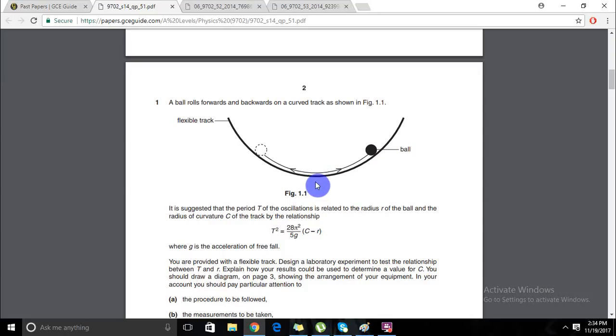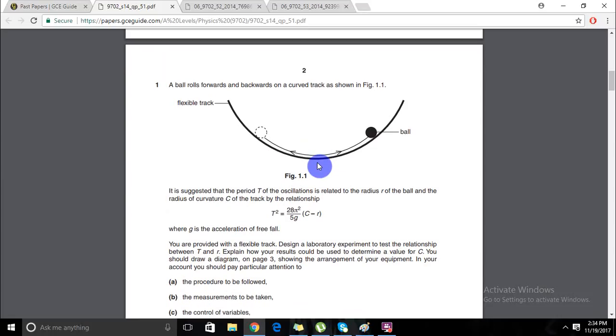So this might be the equilibrium point, and from reading even the first part of the question you get the idea that perhaps this experiment has something to do with simple harmonic motion. It's just a gut idea, not anything concrete. Let's continue with the statement.